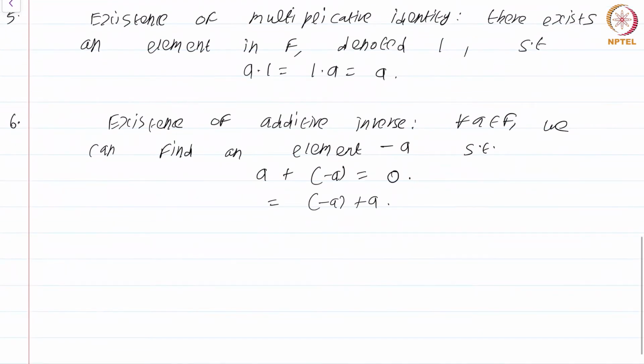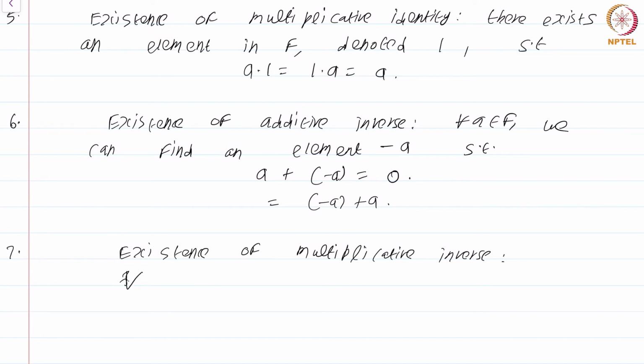Seventh, existence of multiplicative inverse. This just says for all A in F, we can find an element.